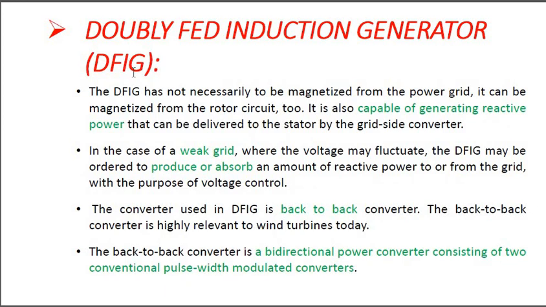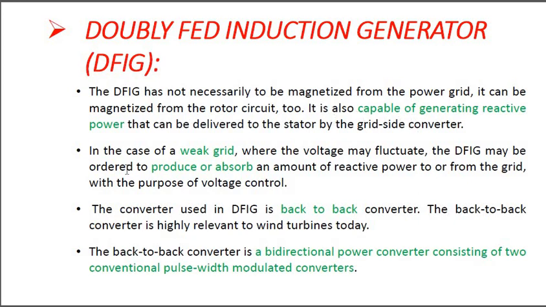The DFIG does not necessarily have to be magnetized from the power grid. It can be magnetized from the rotor circuit too. It is also capable of generating reactive power that can be delivered to the stator by the grid side converter.